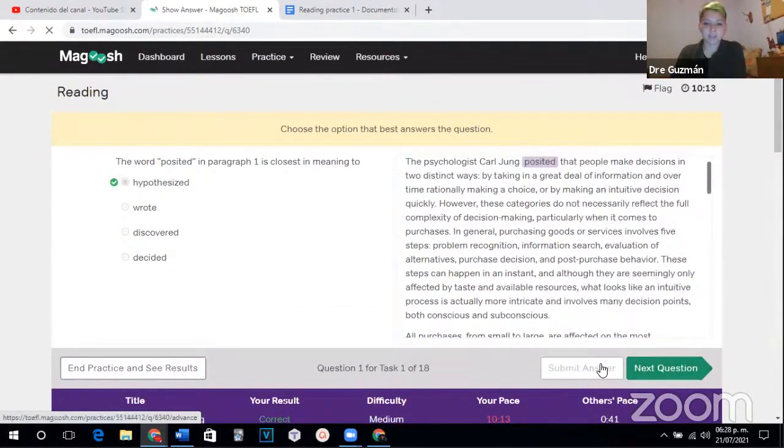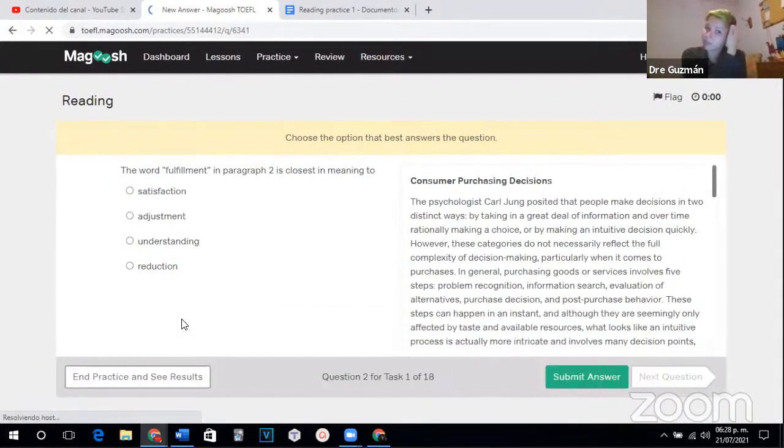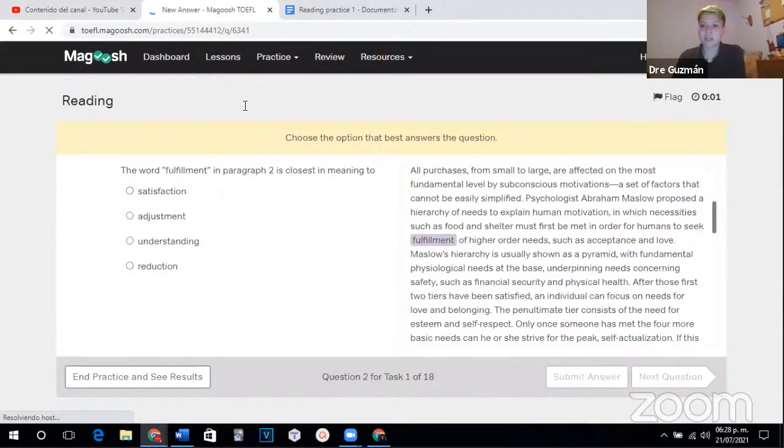All right, so we're going to see the next one. Same thing, a type of replacing the word with another synonym. So, Fabiola, can you read the question and you tell us which one you think it is, please?